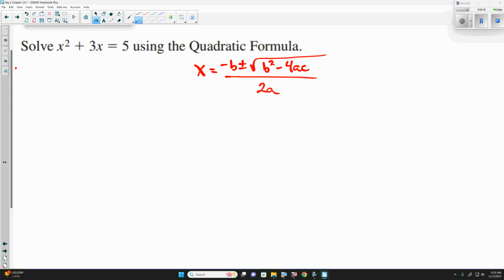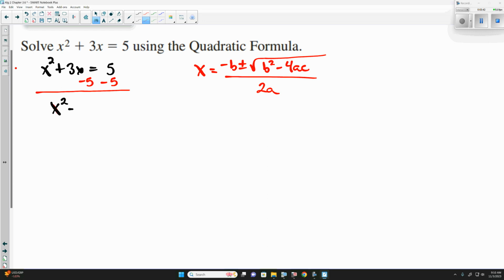The first thing we need to do is get the quadratic equation equal to 0. So here we have x squared plus 3x is equal to 5. To get this equation equal to 0, we need to subtract 5 from both sides.